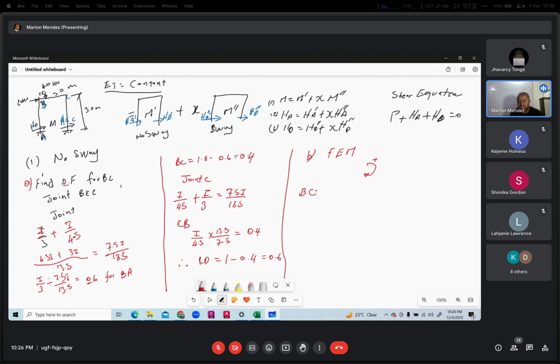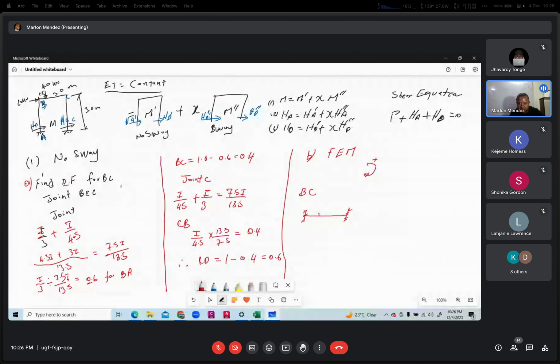If you didn't have a load, there's no need to find the fixed end moment, and there would only be sway. In this case, member BC is this.